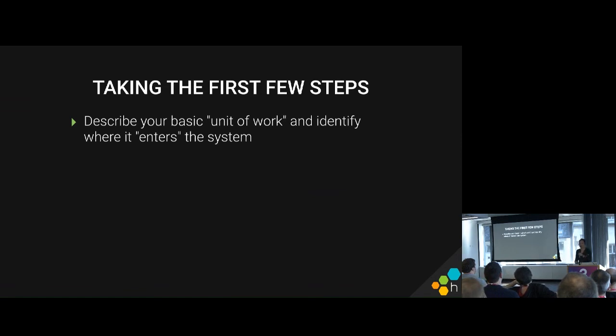What is your unit of work? And the web app, where does it enter? The HTTP handler. Great. That's where you start. That's where you put your first hooks in for capturing metadata baseline about your unit of work. And again, in the basic web app, that baseline for metadata for instrumentation is just what HTTP attributes are there. What is the standard way of describing that unit of work?